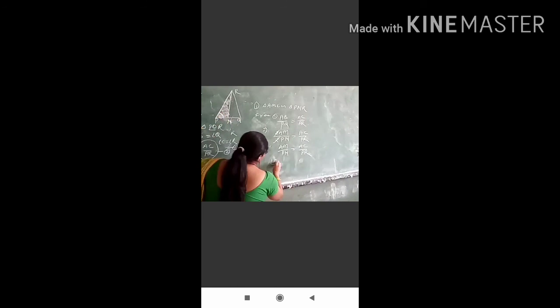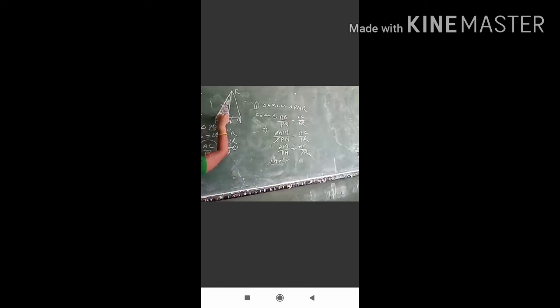And AC upon PR we are having. So AM upon PN is equal to AC upon PR, and we have angle A is equal to angle P. So by the SAS, both triangles are similar.